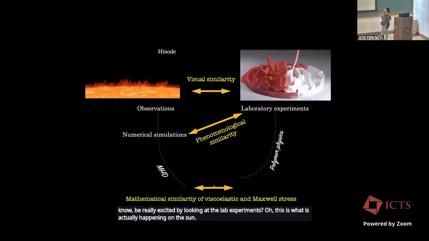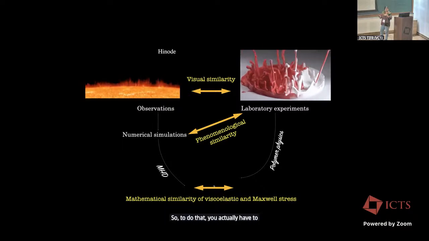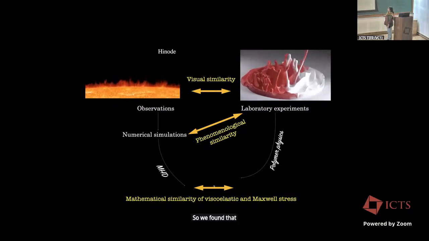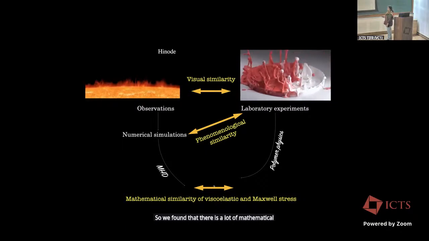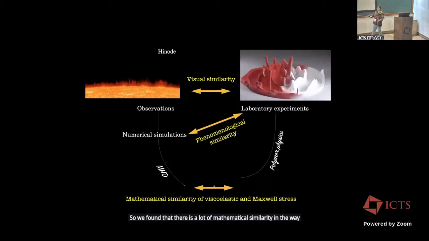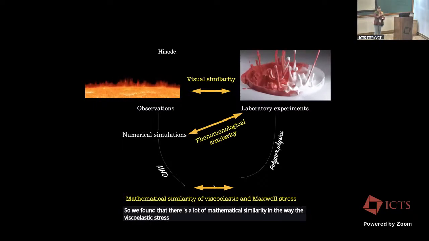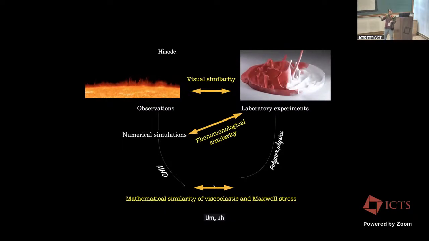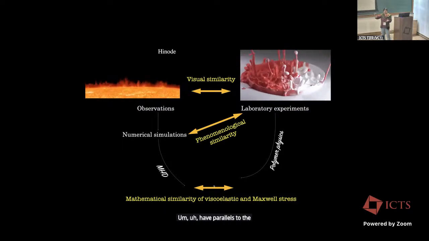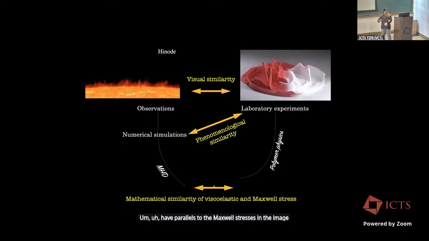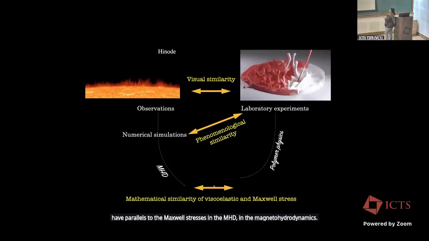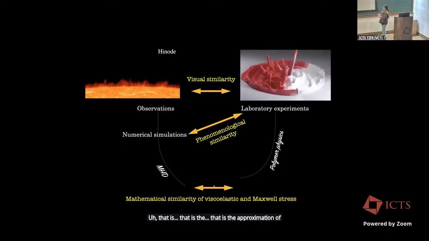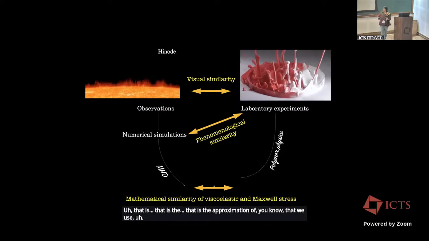So to do that, you actually have to show similarities on different levels. So we found that there is a lot of mathematical similarity in the way the viscoelastic stresses in the fluid have parallels to the Maxwell stresses in the MHD, in the magnetohydrodynamics. That is the approximation that we use to study the solar plasma.